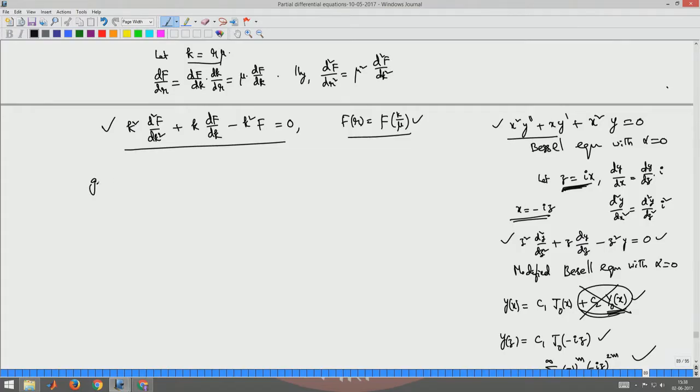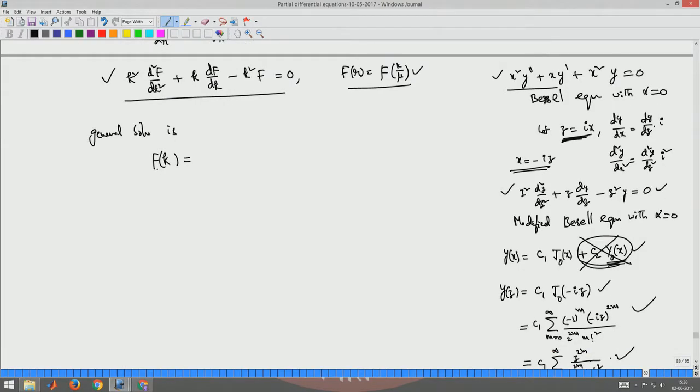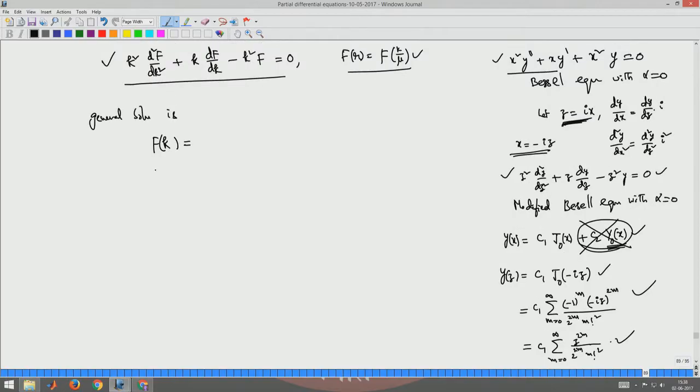So, the general solution is f of r, where instead of z you write k. So, f of k is equal to C1 times J0.